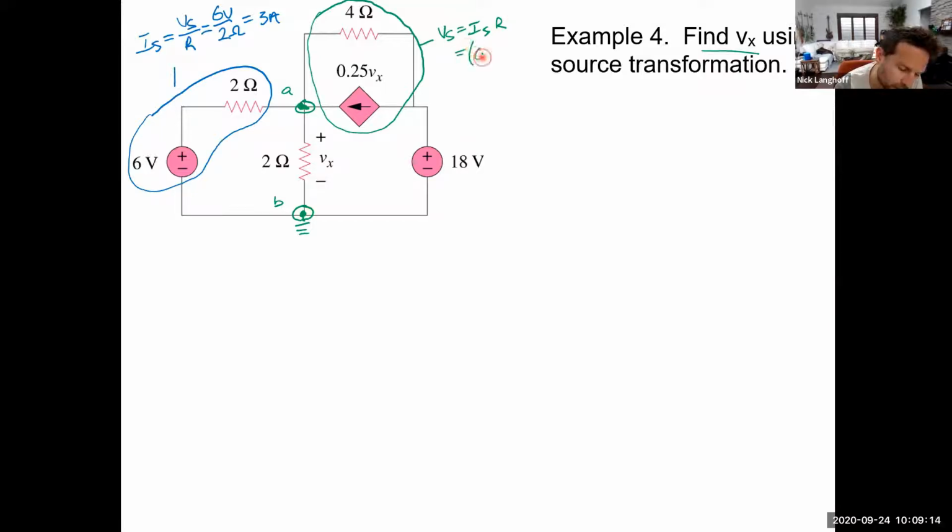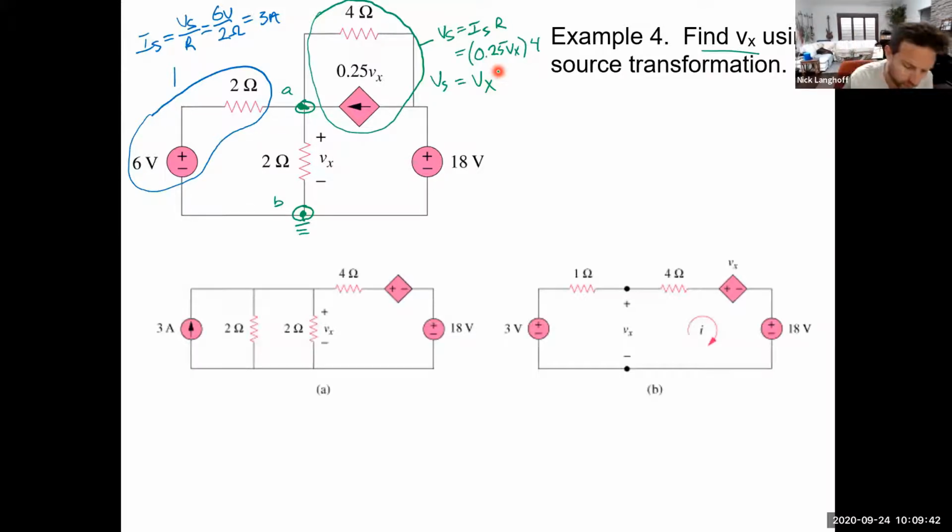The Is value is 0.25 Vx times 4 ohms, the 4 ohm resistor there. And so that's 4 times a quarter. 4 times 0.25 is just 1. So the value for Vs is just Vx. All right, so that is step 1.